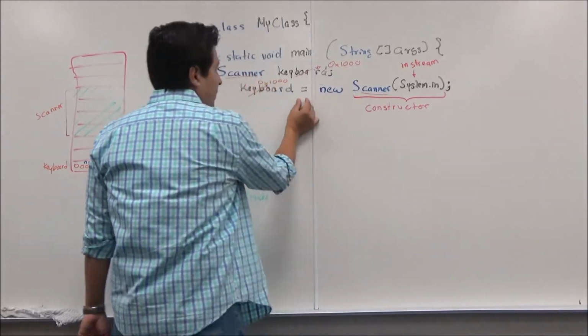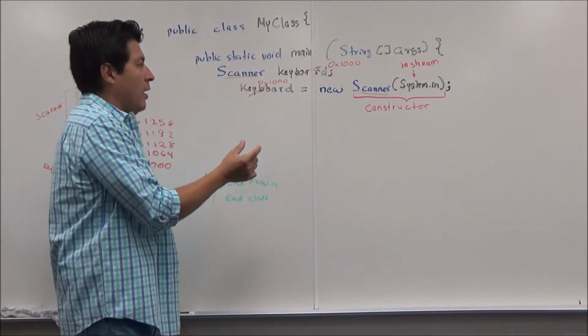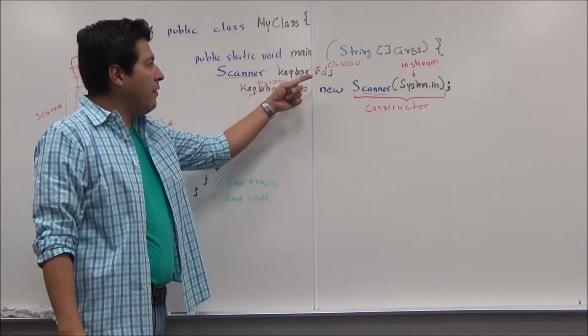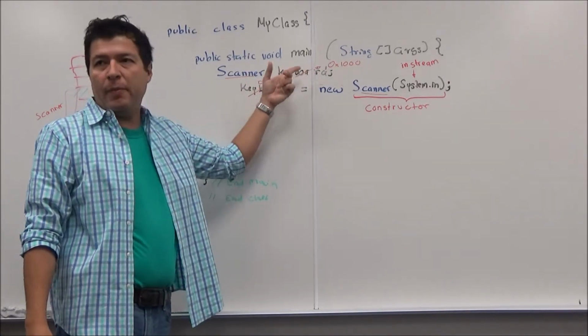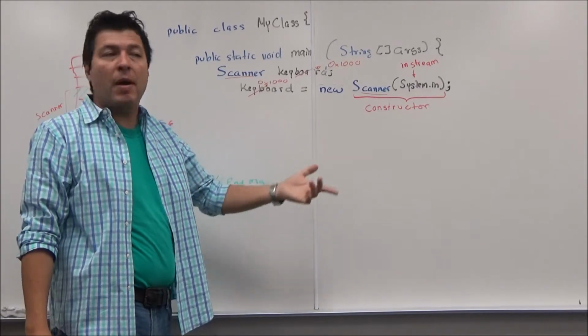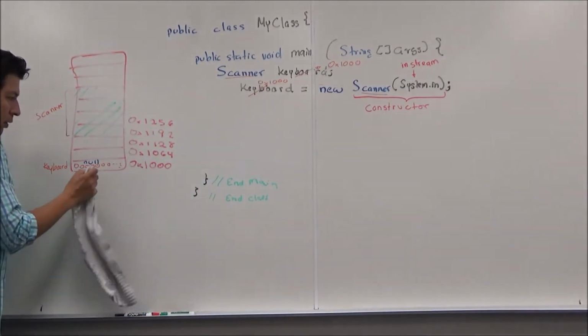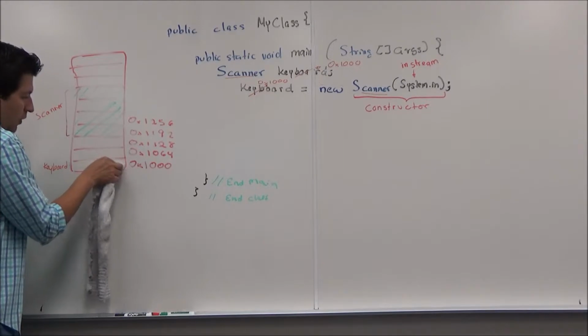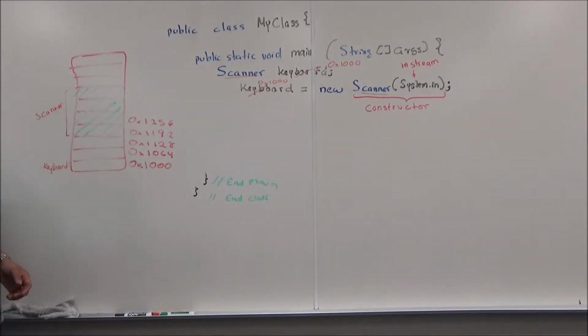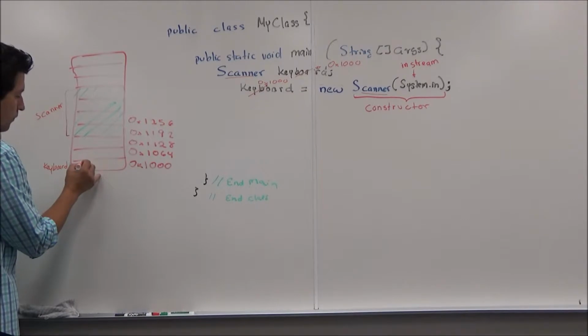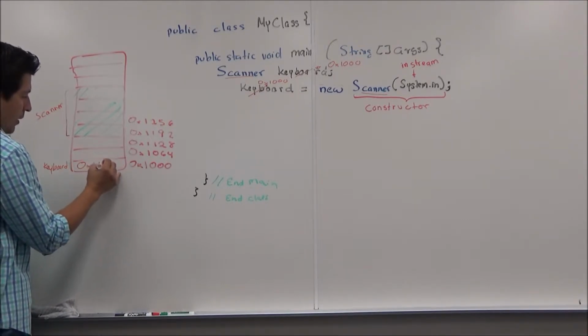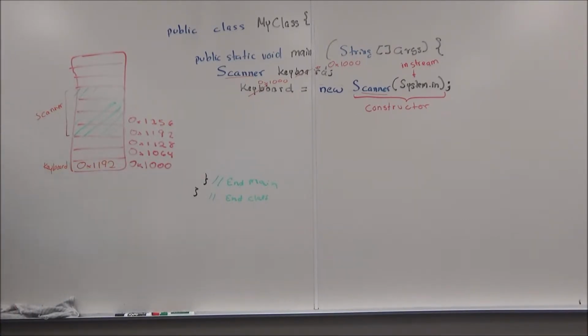Then it sees the equal sign and says, oh, I have a variable to hold this address I just came up with. So now this one doesn't have a null pointer. This one now will have the address where it actually allocated the memory, or created the scanner. Make sense?